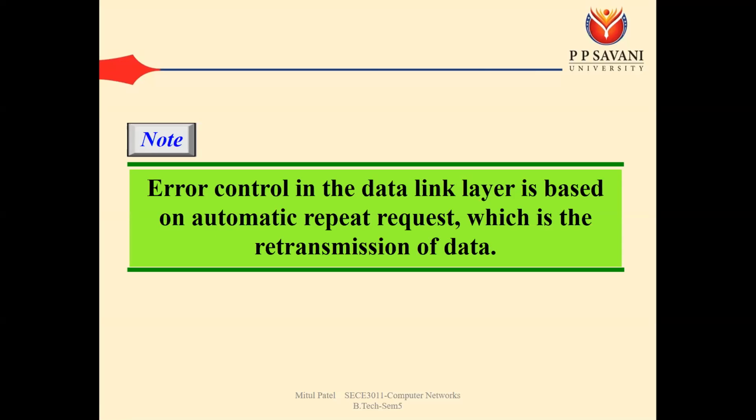So as I have said, flow control in the data link layer is based on automatic repeat request. Okay, so તમે જે acknowledgement મોકલાવી છે એની સાથે જ we will inform the sender that if your frame is correctly received or it is corrupted. Okay, if it is corrupted, then we will inform the sender to retransmit that frame again. Okay, so sender ને receiver ને કેવી રીતે ખબર પડે કે the frame is corrupted or not? So for that we have seen some mechanisms like the CRC or checksum.